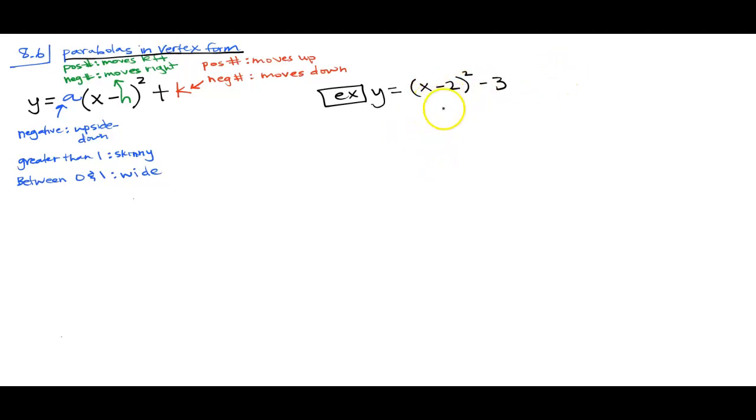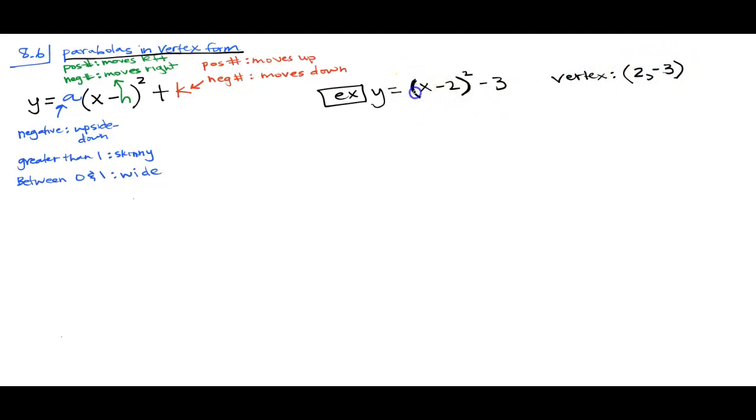The vertex is found using those two numbers there, that 2 and that negative 3. With the stuff inside the parentheses, you're doing the opposite. It's not negative 2, but our x value for our vertex is going to be a positive 2. And then our y coordinate stays the same. That is going to be a negative 3.